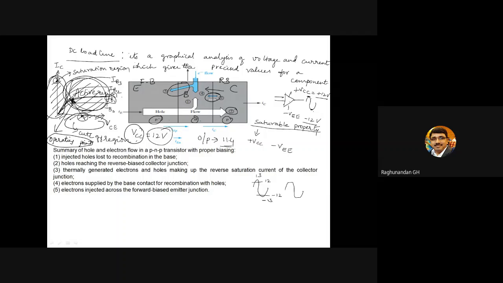The reverse saturation current from collector to base is because of thermal energy, and the reverse saturation current in the base to emitter is because of the recombination of the holes and electrons. This is the difference. So this is how a PNP transistor works. These are the 5 steps. You have to explain these 5 steps, and you can elaborate based upon the marks.